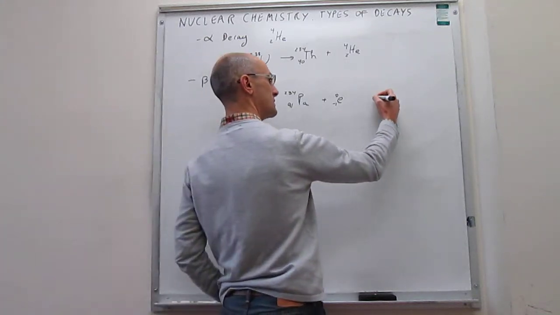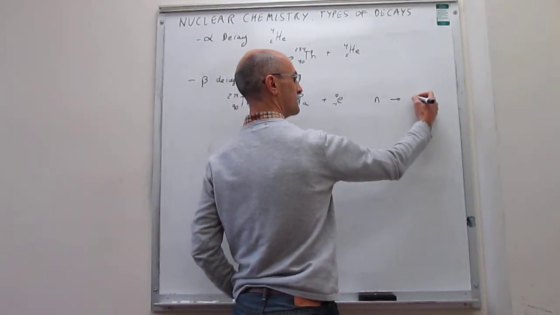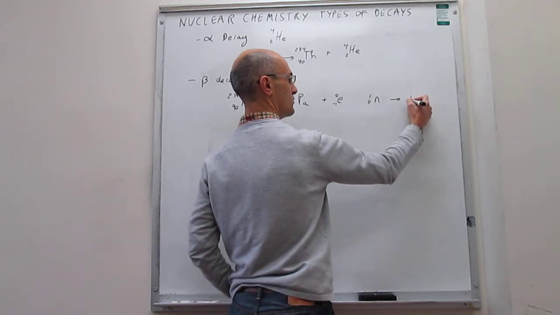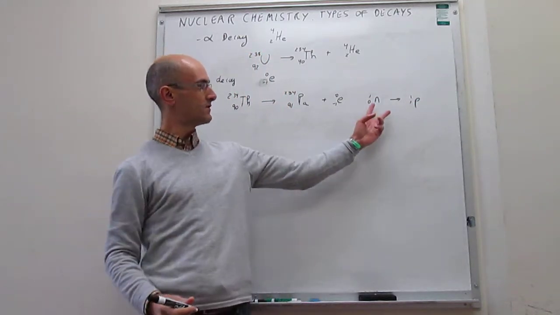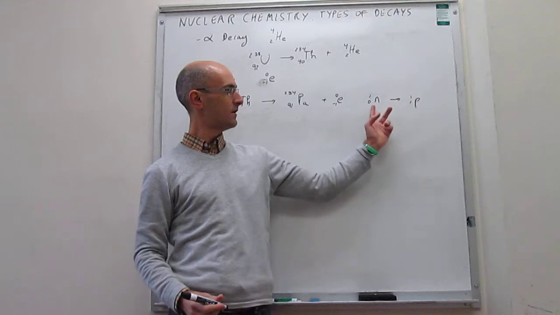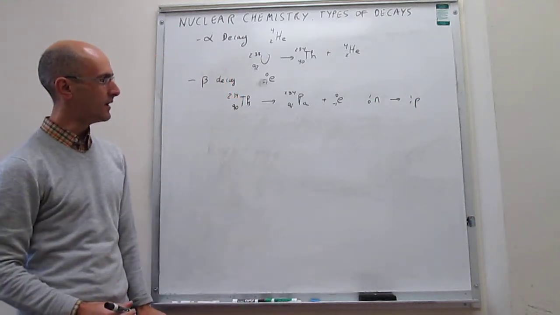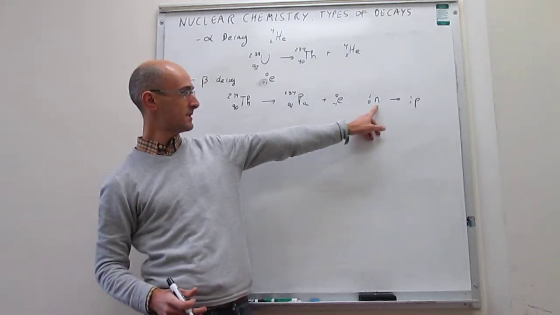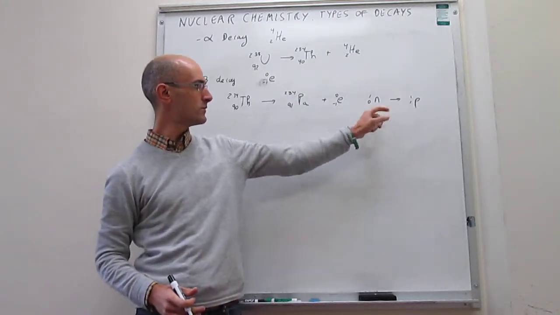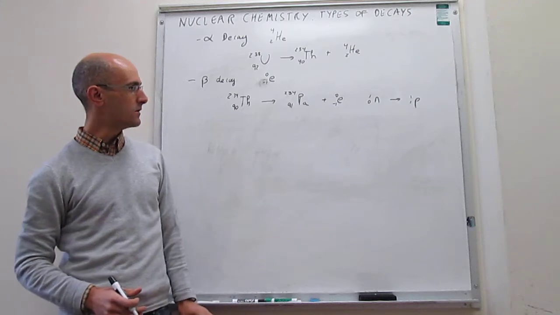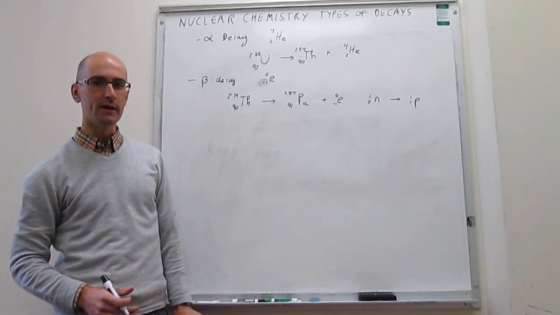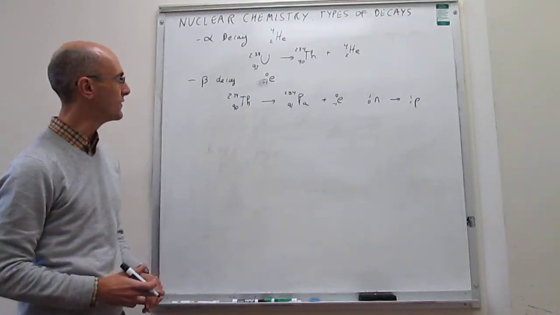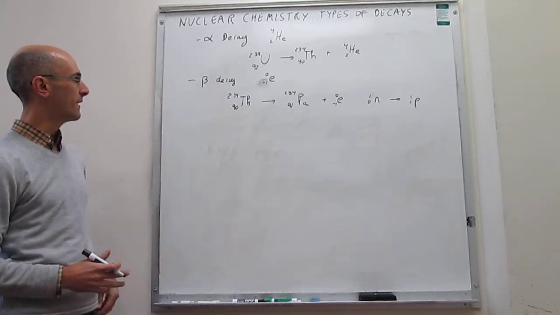What that means is that a neutron has changed into a proton. The atomic number changes, but the mass number doesn't. So there's a transformation of a neutron into a proton, accompanied by the emission of a beta particle, which is a high energy electron. That is beta decay.